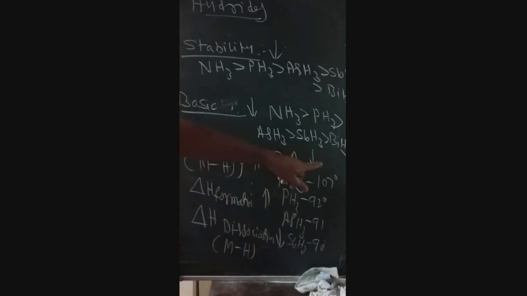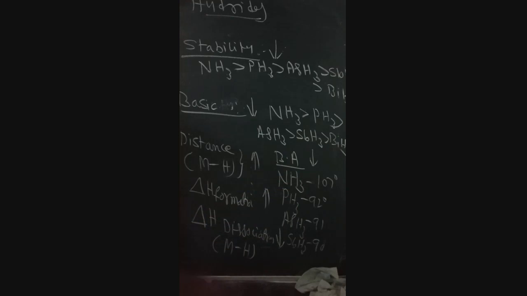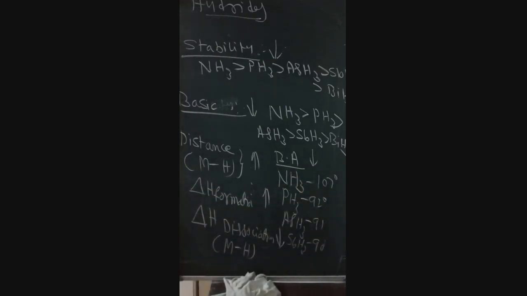Observe children, 107 degrees in ammonia, but the remaining hydrides are mostly constant, 92, 91, 90. Bond formation in ammonia involves pure orbitals, but the remaining involve hybrid orbitals. That is why bond angles gradually decrease, but ammonia has the highest bond angle.